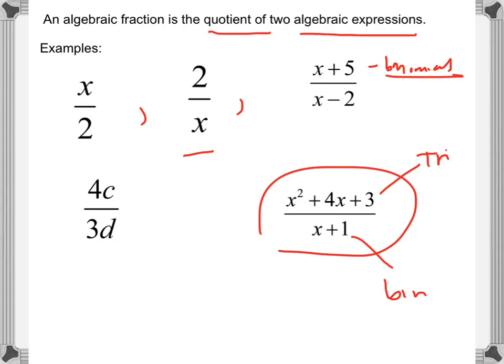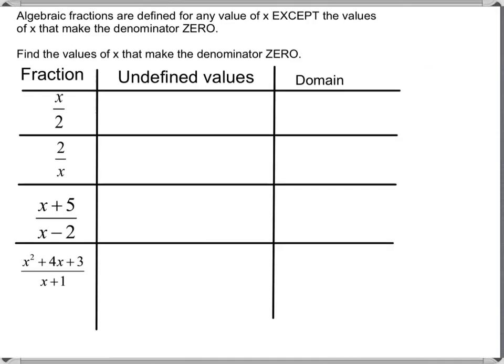Now, algebraic fractions are, for the most part, going to act a lot like algebraic expressions, with one huge difference. Algebraic fractions are defined for any value of x, except values of x that make the denominator 0.